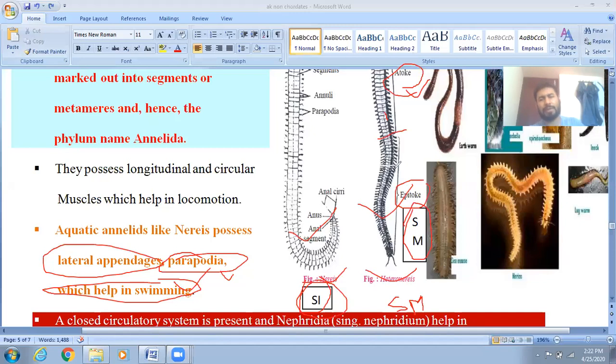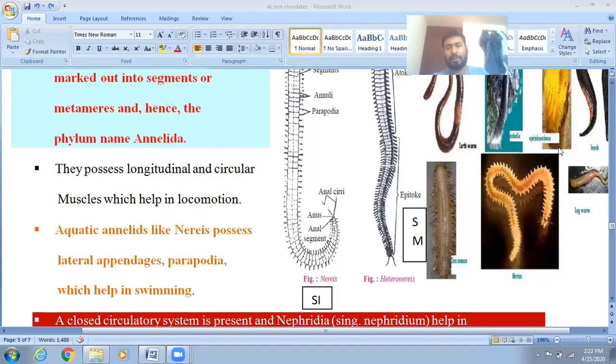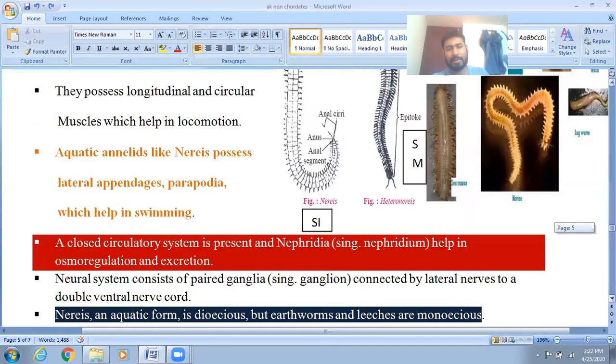So simply you can say Nereis is sexually immature, Heteronereis is sexually mature, and Heteronereis is further divided into atoke and epitoke. Clear? One important feature of Nereis I had already told you: they are provided with parapodia, lateral appendages which are involved in swimming as well as respiration.